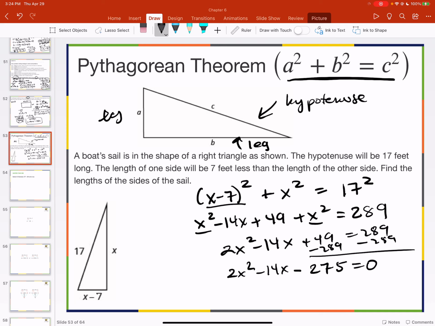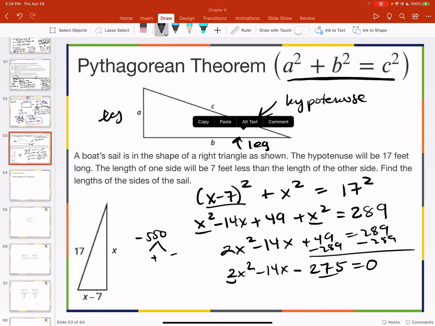So, again, AC method. 2 times 275, AC is negative 550. We want the factors of negative 550 that when combined give me negative 14. You might have to write down on the side what the factors of 550 are. That would be 55 times 10. What else? 5 times 110.